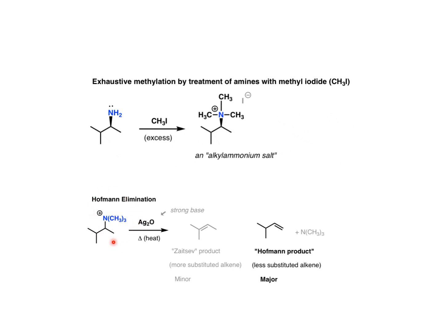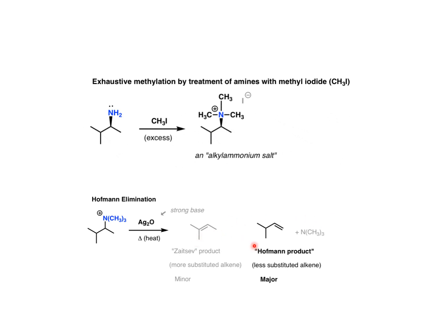Under elevated temperature conditions, for example under refluxing or heating, the quaternary ammonium salt undergoes an intramolecular elimination reaction and gives you some sort of amine and also alkene.